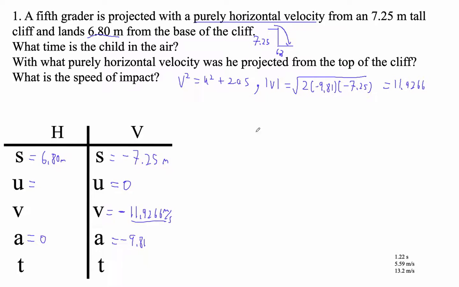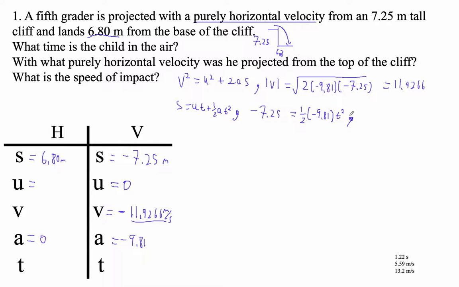Okay, and then to find time, my favorite thing is to use s equals ut plus 1/2 at squared. I could use anything right now, but this one doesn't require me to use that velocity, so I like it a lot. So negative 7.25, initial velocity is 0, so 1/2 times negative 9.81 t squared, and then we can solve for t.